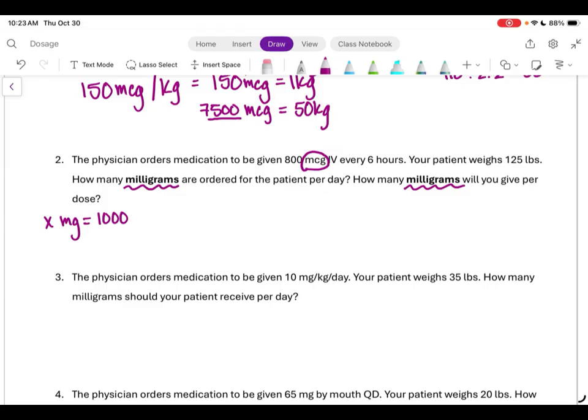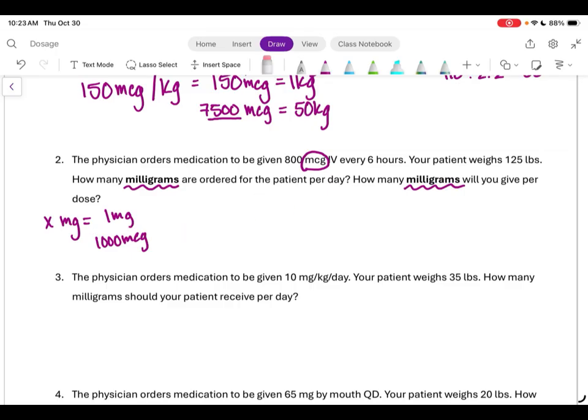So I'm going to convert real quick on the side here. Oh, that's backwards. All right, so from your conversion sheet, a milligram is 1,000 micrograms. So this is 800 divided by 1,000, which is 0.8.